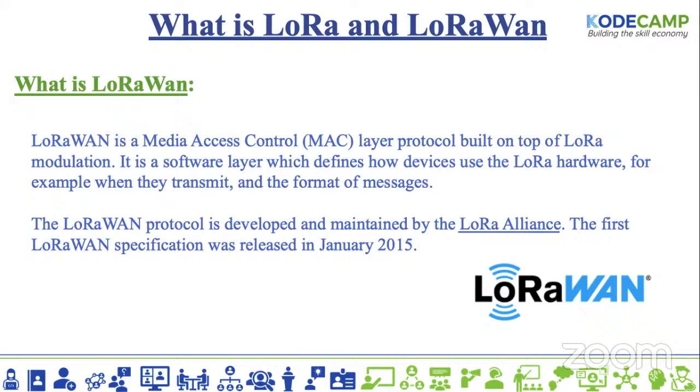When they don't have data available to send, most times they go into sleep mode. I talked about sleep mode when we were dealing with Wi-Fi. So they only transmit when they have data available.